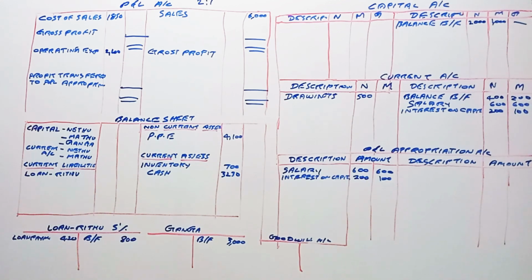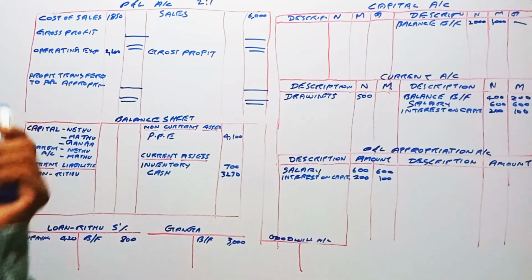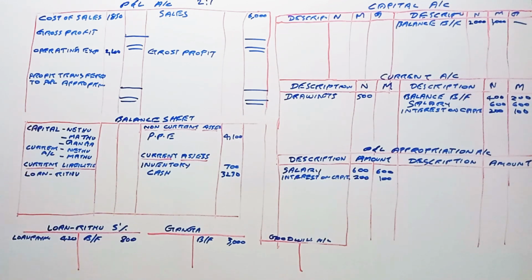Property, plant and equipment 4,100. Sales 6,000. Cost of sales 1,850. Operating expenses 2,600. Inventory as at 31st March 2020 700. Investment 700.